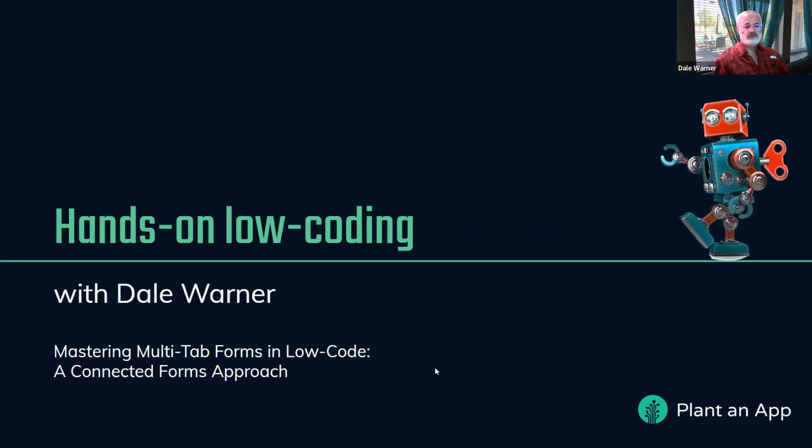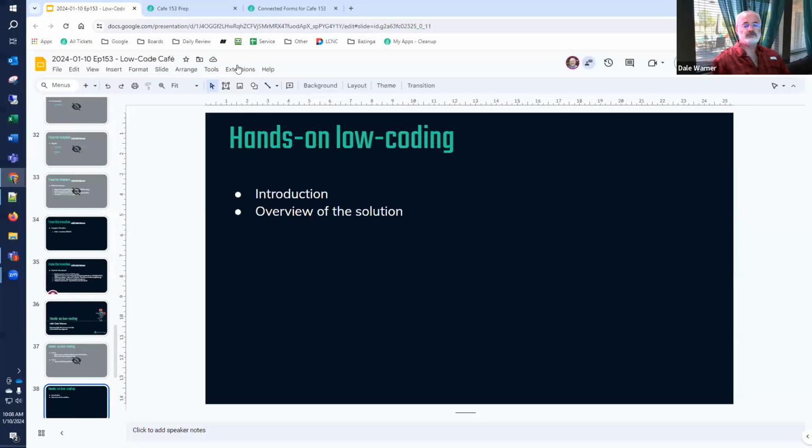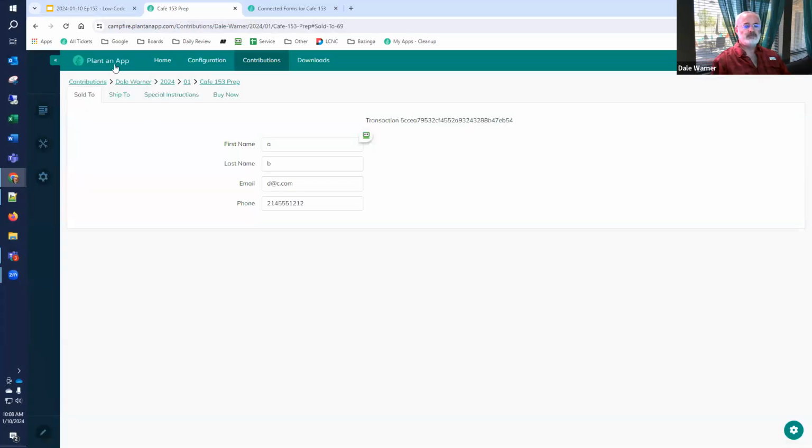So here we go into the hands-on low coding, where we're going to talk about a connected forms approach, doing multiple tabs. And so we start off. Let's kind of introduce this, and I'm going to do this by way of just giving an overview of the solution that we're going to accomplish today.